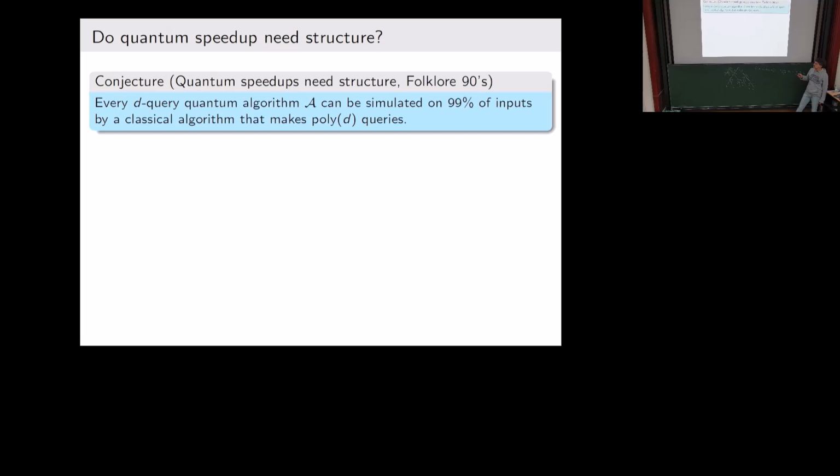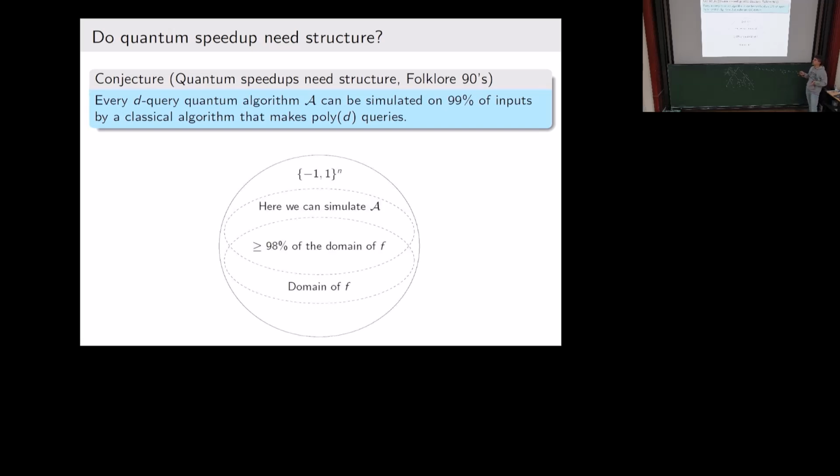Maybe this doesn't look like saying that quantum speedups need structure in order to be super exponential, but indeed it does. To explain why, we are going to use this picture. Let's consider a problem where the domain of the function is very big, meaning a big chunk of the whole Boolean cube.